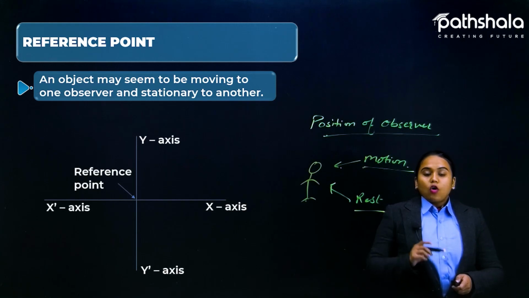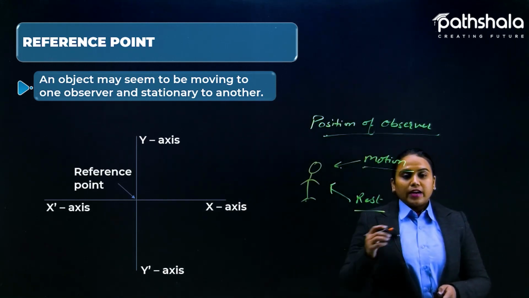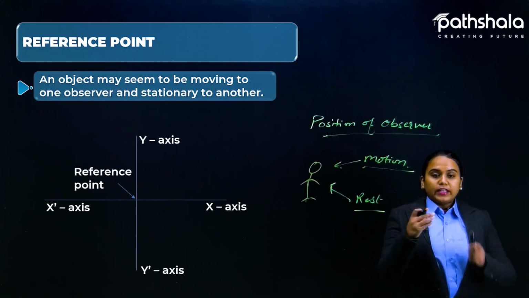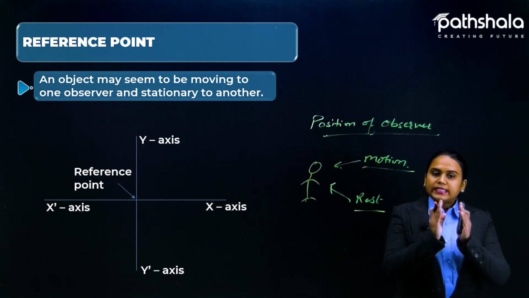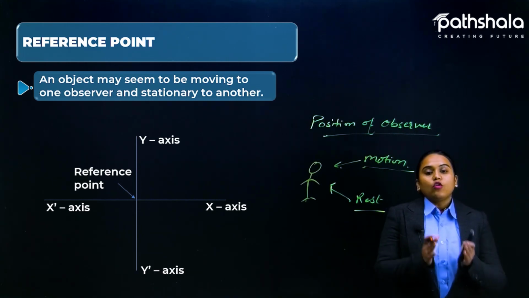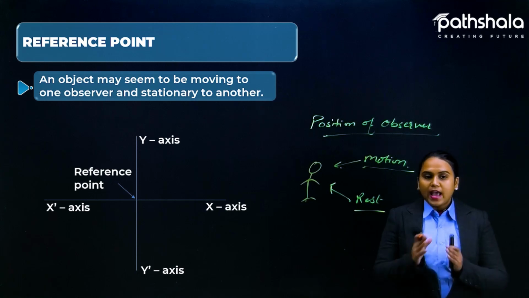Okay, so now let's see, this is a graph. There is an observer, there is a reference point. The reference point is the observer who is watching someone. Let's suppose you are an observer and you are at the origin point of the x-axis and y-axis.